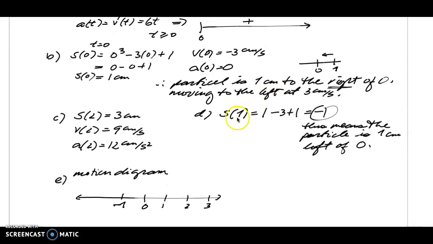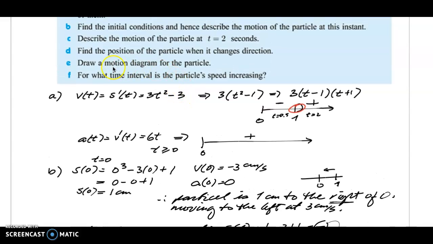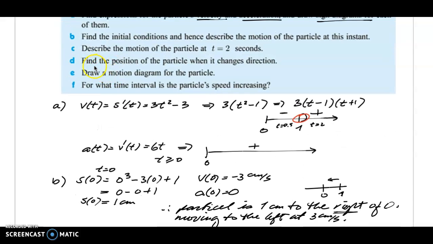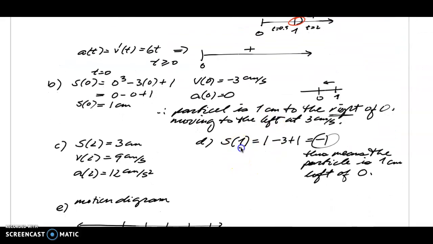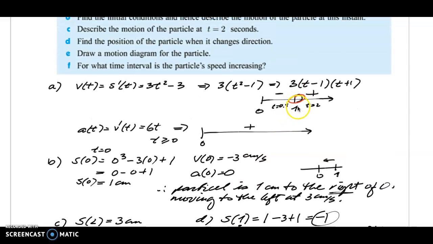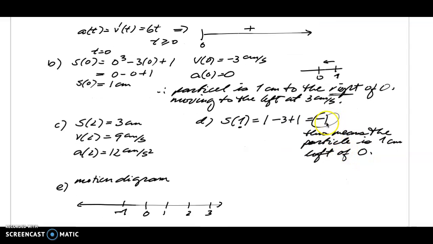It's asking to find the position the particle is changing direction, right? So when you plug in 1, you know from the velocity diagram right here, that's a change of direction at 1 second. It means then the particle is at minus 1, which is left of the origin.